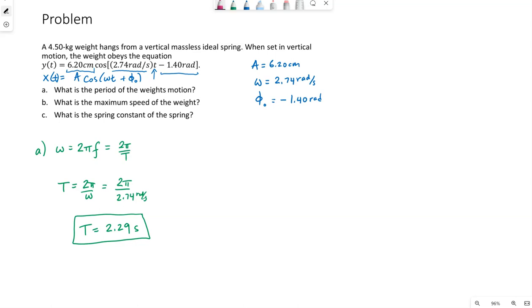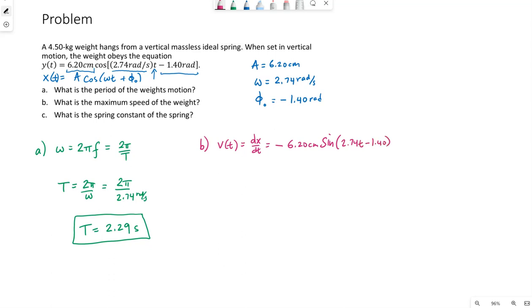So B, the maximum speed. Well, we have our equation that describes the position. The velocity is going to be the derivative of that. Derivative of cosine is negative sine. So negative 6.2 centimeters sine of all this stuff.